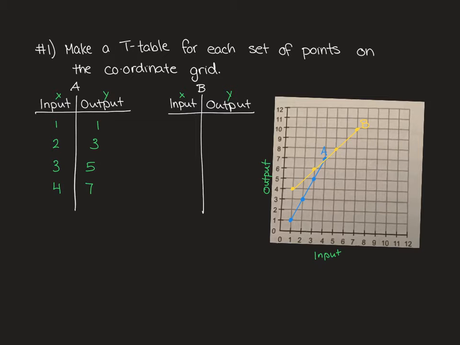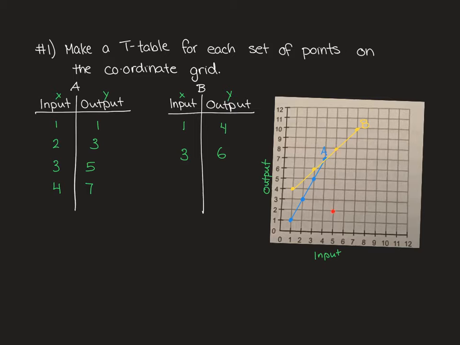For our second graph, B, once again, we'll start at the first point. Our input is 1 and our output is 4. So 1 and 4. Then we look at our next point. Our input is 3 and our output is 6. So you'd say 3 and 6.